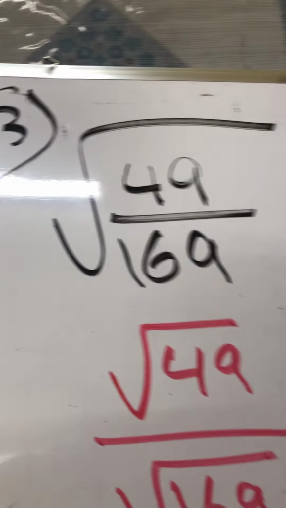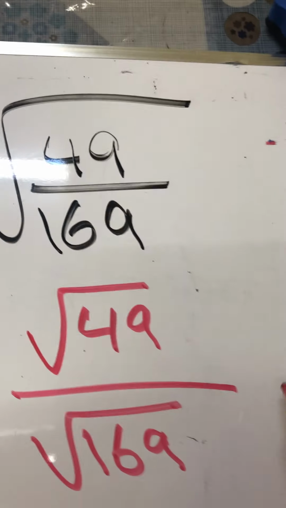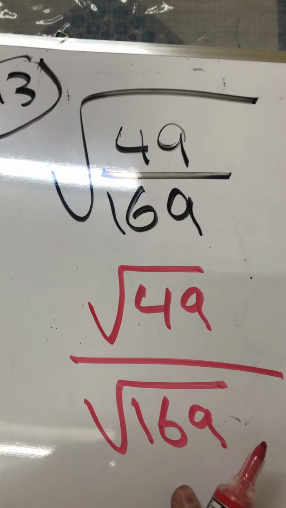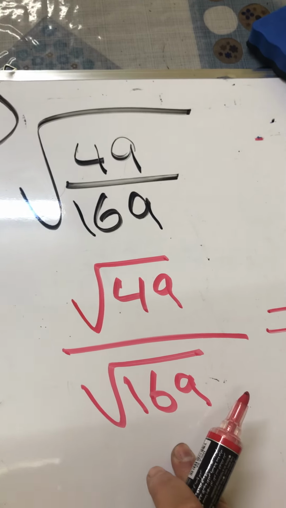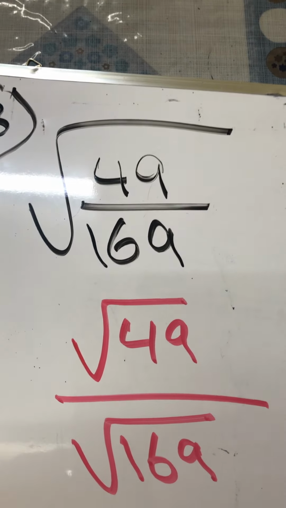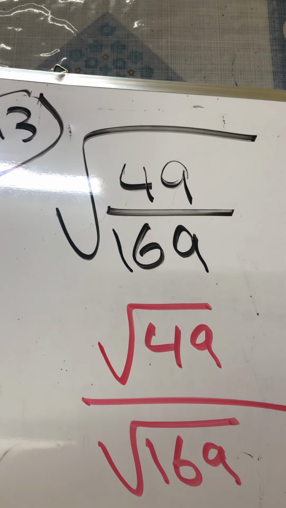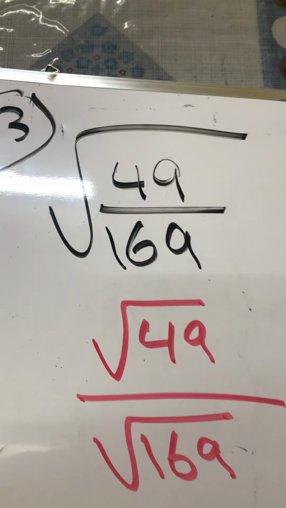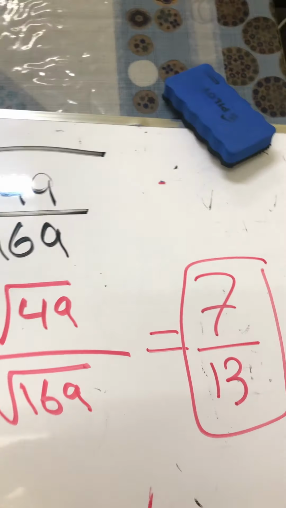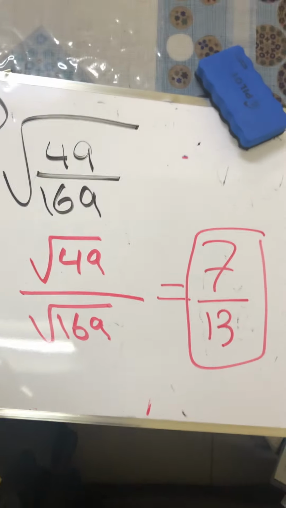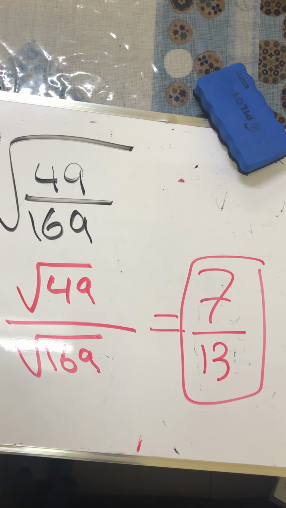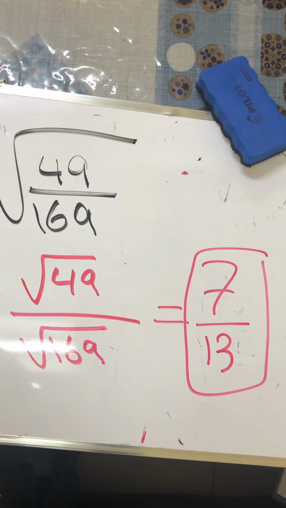As you know, the square root of 49 is 7. What is the square root of 169? Which number multiplied by itself gives 169? It will be 13. Okay, so the answer is 7 over 13, like this. I wrote the square numbers before for you.